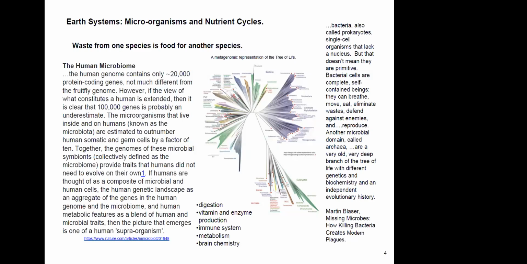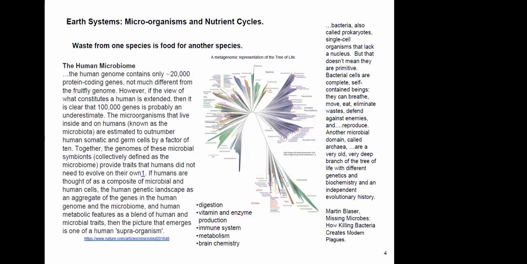And what they have discovered, quite excitingly, is that if you look at it from this perspective, 90% of the genetic makeup of our bodies is actually not human. It's microbial. Only 10% of it on our bodies and in our bodies is human. So that's all the life that's on us and that's in us. And that makes us something like a multi-species organism or a supraorganism.